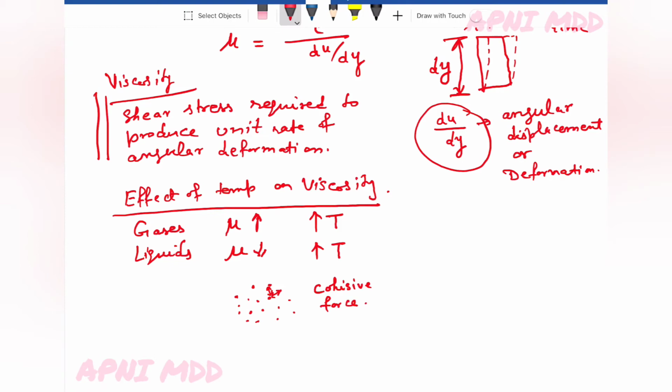When we increase the temperature, this cohesive force, the force of attraction between the molecules, decreases. Due to that, mu decreases, viscosity decreases. So that is the reason behind the decrease in viscosity with increase in temperature in the case of liquids.